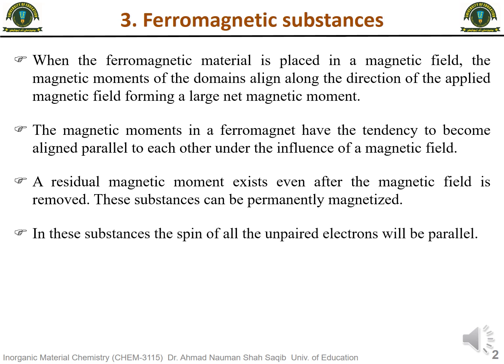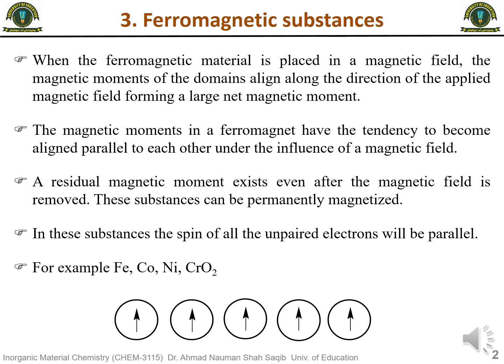So the basic requirement for a material to be magnetic is that it should have some unpaired electrons. Thus ferromagnetic substances have unpaired electrons, and the spins of all the unpaired electrons are parallel in ferromagnetic substances, as we can see in the diagram, in which the magnetic moments of electrons are parallel to each other.